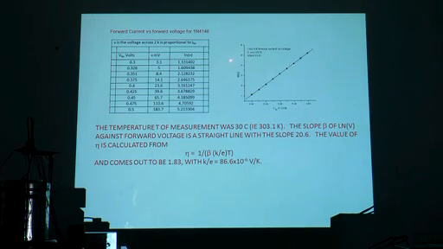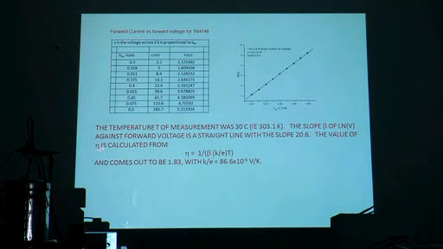I find the slope of this straight line, that is 20.6 per volt. The temperature of measurement when I did this experiment was 30 degrees centigrade, that is 303.1 K. The slope beta of this curve is 20.6.